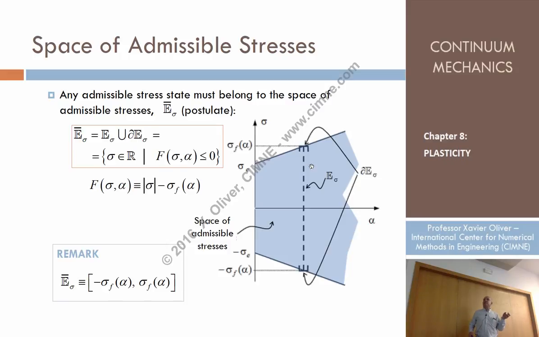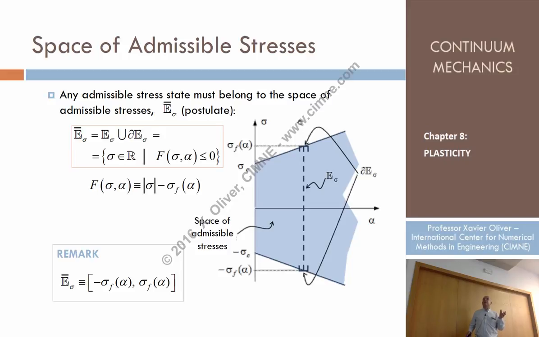The union of this elastic domain plus the adherence defines the admissible stresses. Why admissible? Because, as I said, we postulate that for a given value of alpha, we can never exceed this value.